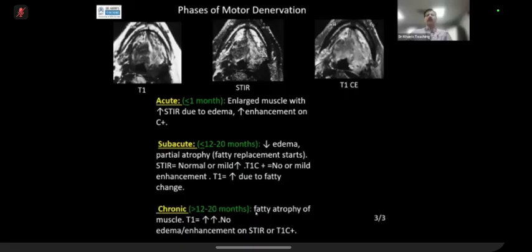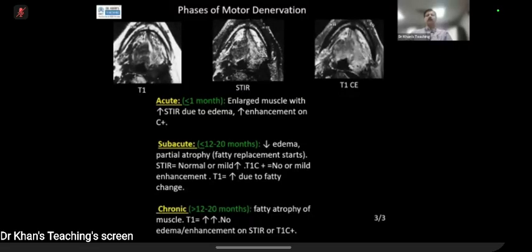In chronic, there will be fatty atrophy, which will be high signal on T1, with no enhancement and no edema. But in acute, there will be acute enhancement and acute edema. Subacute will be somewhere in between. So our case is somewhere in between.